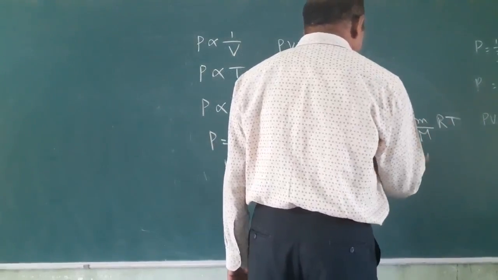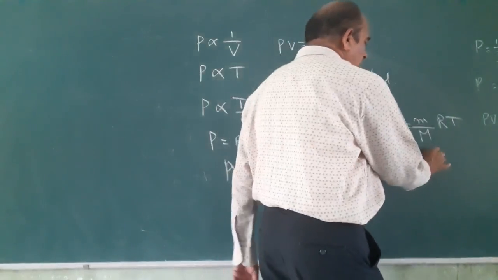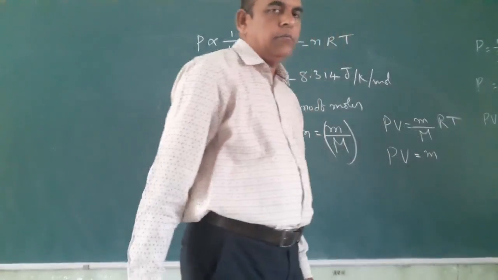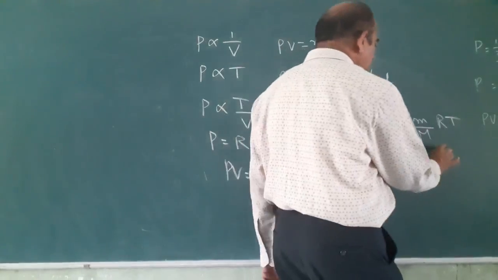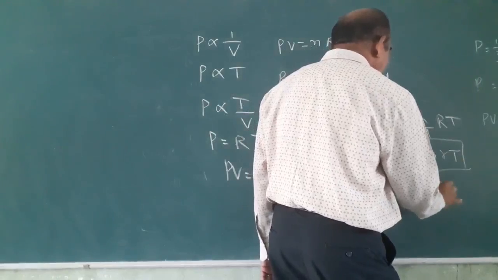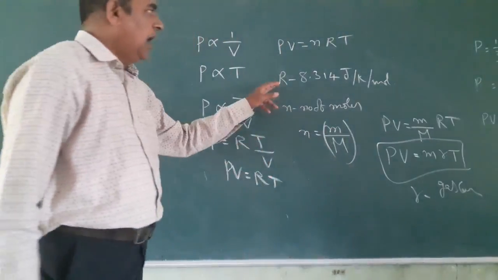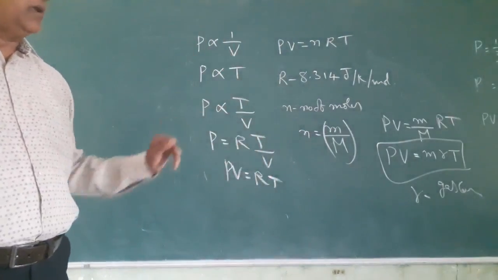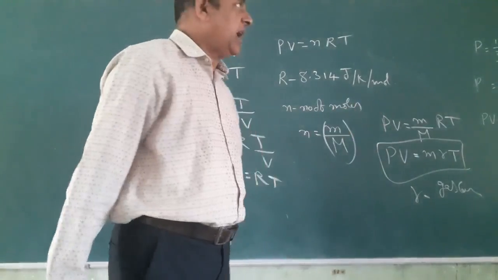That is, PV is equal to M into (capital R by molecular weight), which is called the gas constant small r, into T. So small r is the gas constant. Capital R is the universal gas constant and its value is the same for all gases, but the gas constant is different for different gases.